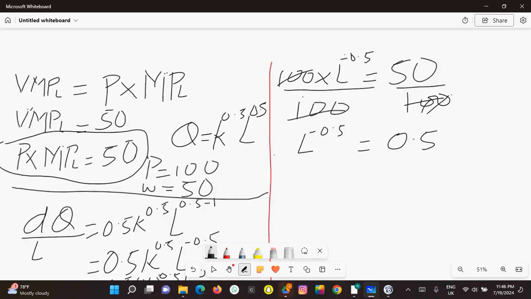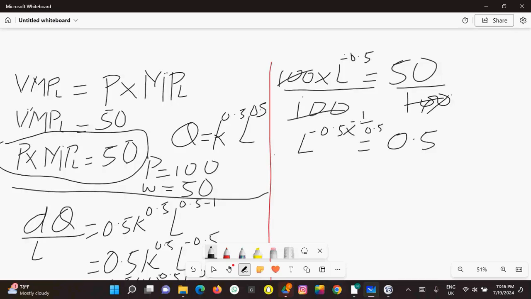Right. So still, we've not really gotten labor because labor is being raised to the power negative 0.5. So we have to find ways and means to eliminate this, right? And if we want to eliminate this, we have to multiply by 1 over 0.5. Sorry, negative 1 over 0.5.